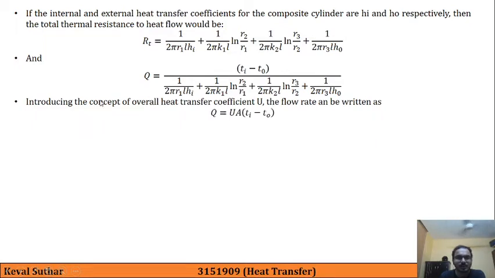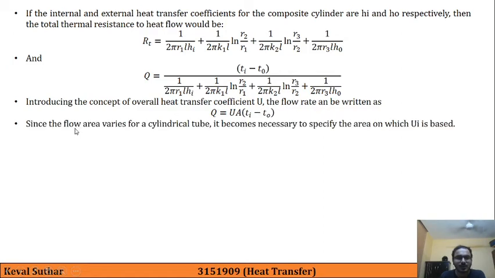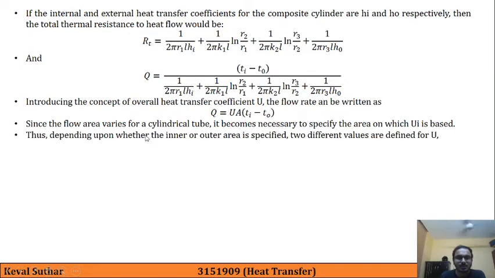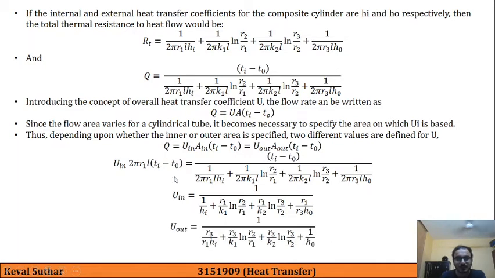And then we introduced a concept of overall heat transfer coefficient for this case. In case of cylinders, the flow area varies for a cylindrical tube, so we can write down the overall heat transfer coefficient based on the inner area as well as based on the outer area, and we obtained these two formulas.